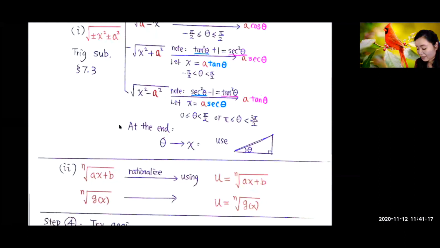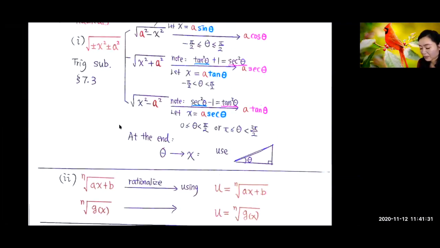Now notice that by doing this, you're going to change the integral to an integral with respect to theta, and then you find the antiderivative. But at the end, we want to return back to x, because the function we integrate was in terms of x. So how can we change from theta back to x?